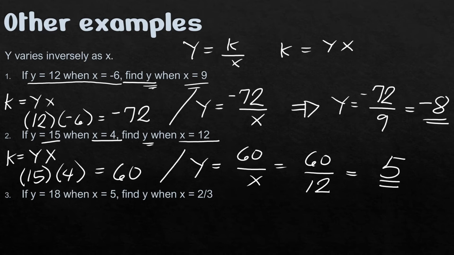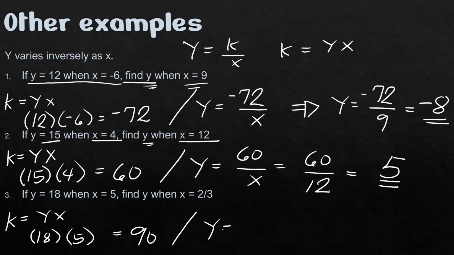Okay. Again, same process. We have to get the constant first. So, y times x. Our y is 18 and our x is 5. So, 18 times 5, that is 90. Ang constant of variation natin ay 90. So, ang equation natin magiging 90 over x.